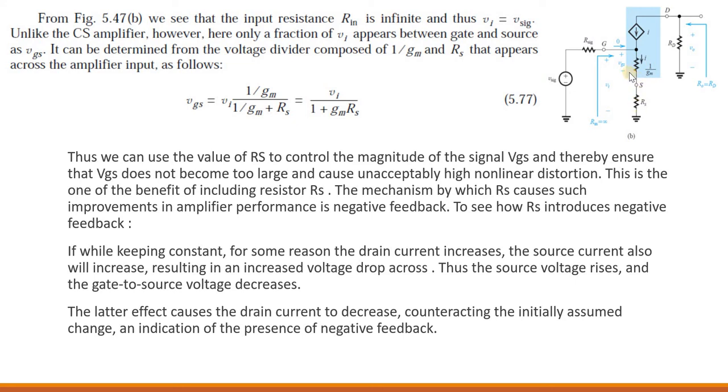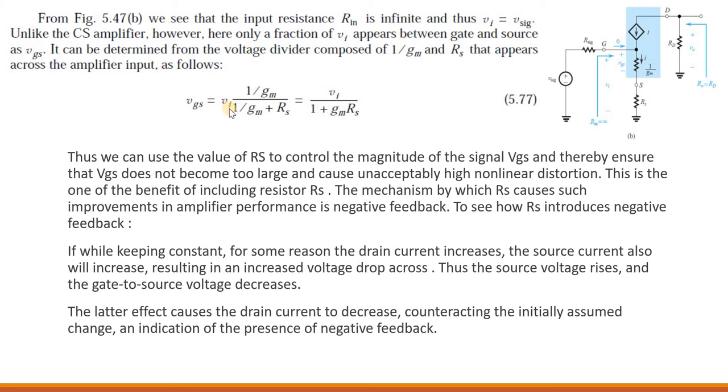So VGS is equal to the voltage across the resistance 1 over Gm, that is 1 over Gm divided by 1 over Gm plus Rs, into the applied input Vi. If we solve this, Gm gets cancelled, and you get 1 divided by 1 plus Gm into Rs, into Vi.